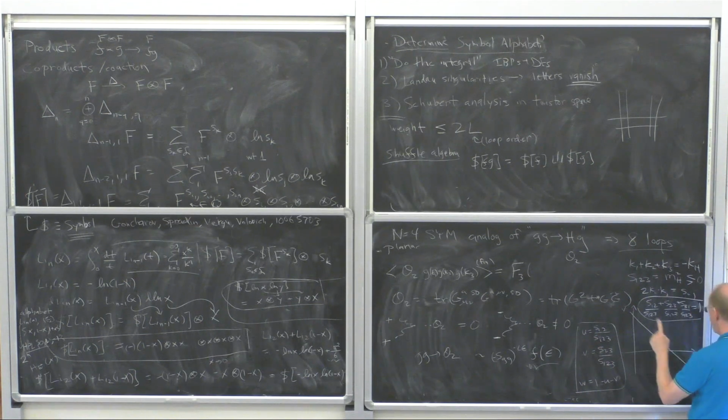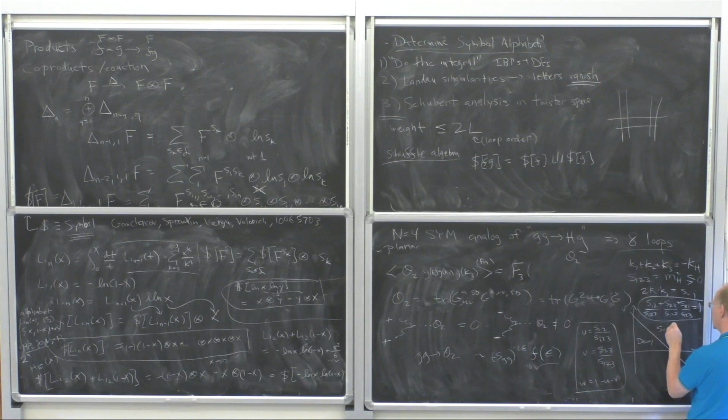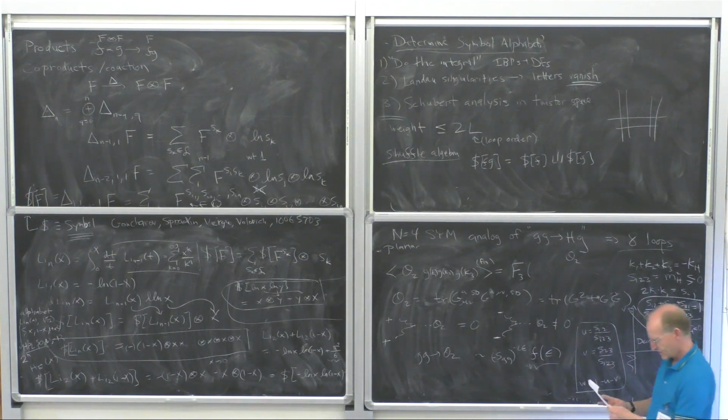But this is the kinematic plane in terms of U and V, and this is the decay region where you decay to 3 gluons. And this is a scattering region over here with m_H squared space-like. And then there's a time-like scattering region down here. So that's the kinematics.